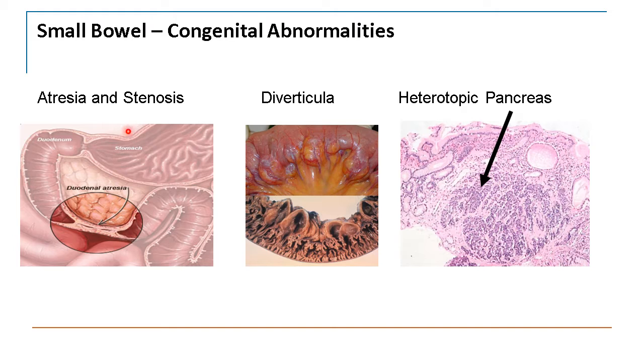Number 1, at the left, you see the atresia or stenosis. Atresia is a complete blindness, absence of the lumen of the small intestine, while stenosis is just a narrowing, which can be due to many causes.